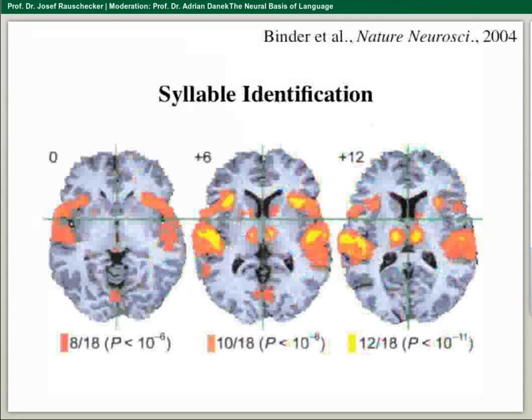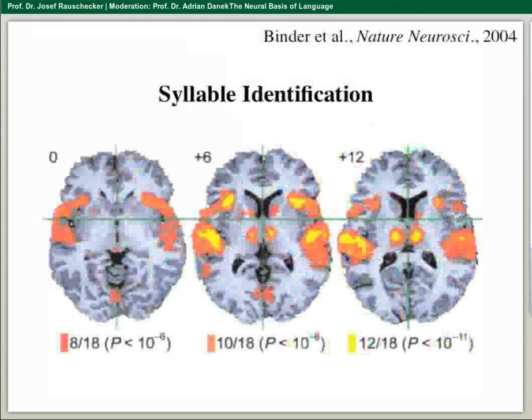One of the first people who was specifically interested in how speech sounds at different levels of complexity are processed was Jeff Binder, someone who agreed with us from the beginning. He showed that different degrees of complexity within speech sounds activate regions anterior to the primary auditory cortex.